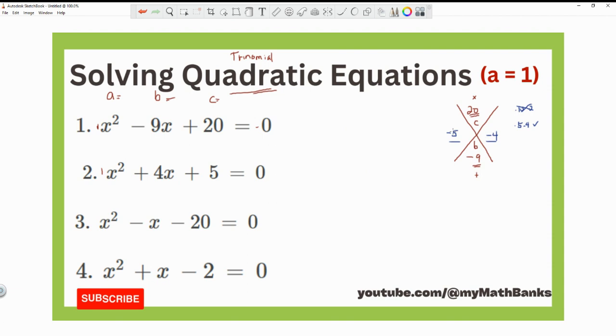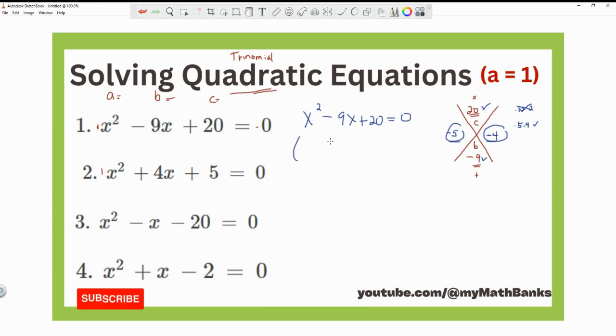Now, you have to double check. Negative 5 times negative 4, yes, that's a positive 20. Negative 5 plus negative 4, yes, that's a negative 9. So these two right here are the two numbers that we're looking for. Now that you have that, I'm going to copy the problem: x squared minus 9x plus 20 equals 0.